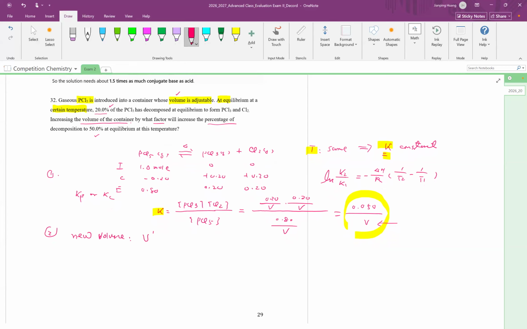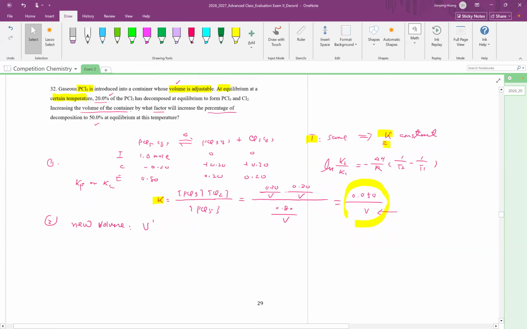In this case, under the new equilibrium, it becomes 50% decomposed. So at equilibrium, you get 0.50 mole here, 0.50 mole here, and 0.50 mole here.